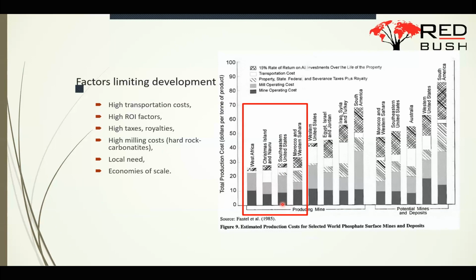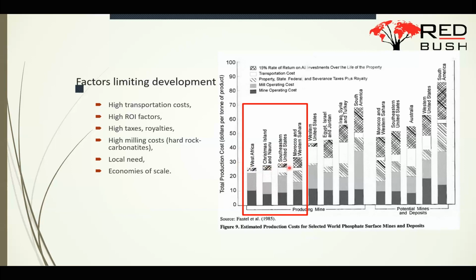So it's mostly the mining costs and the milling costs. Florida, especially Florida, doesn't have a lot of taxes, still doesn't have a lot of taxes. Transportation cost is very, very cheap because they're right at the Tampa port and you can put it on a ship to anywhere. And the initial investment costs. So the top one is really interesting.